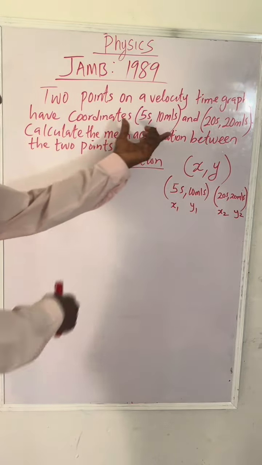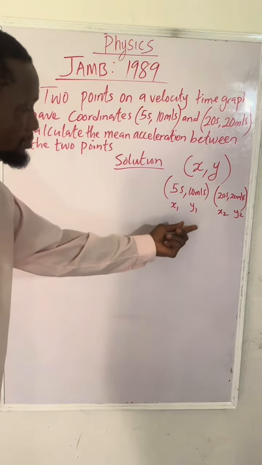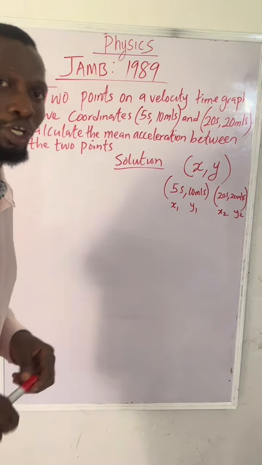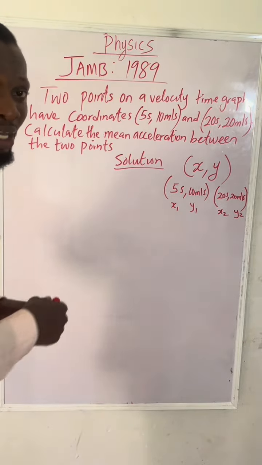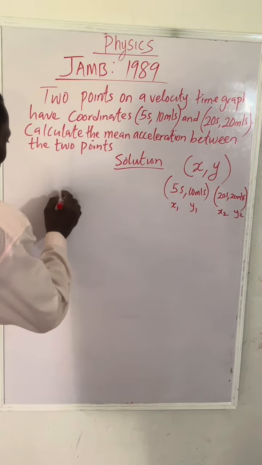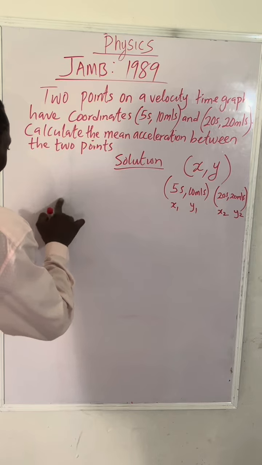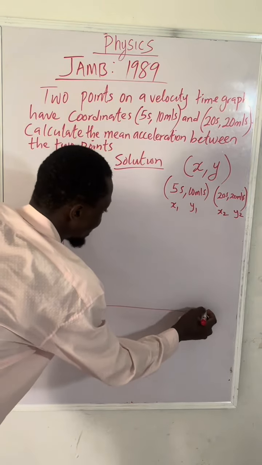So it means that this is going to be our x1, y1, and this is going to be our x2, y2. So we are going to draw the velocity time graph now. We are going to plot our values. So here now, we are going to draw the vertical like this. I'm going to draw the horizontal like this.